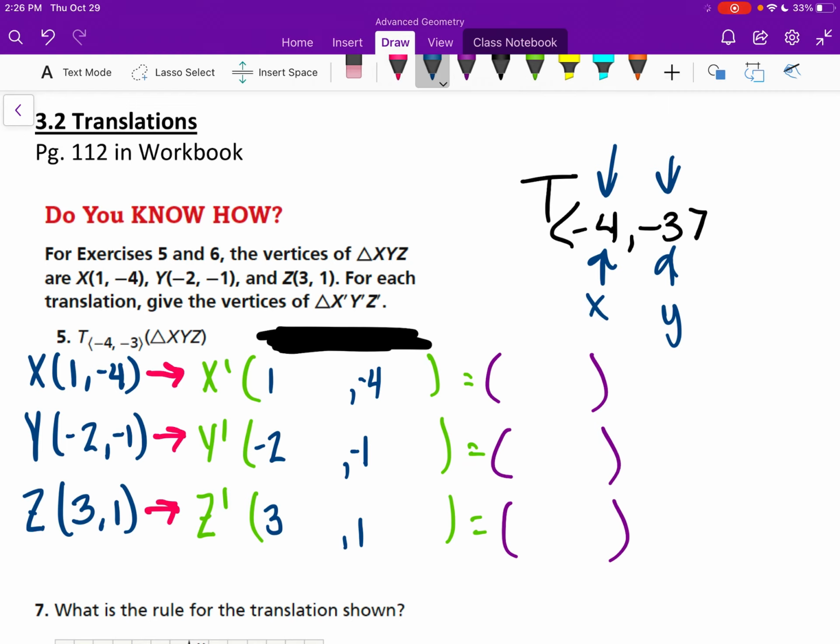Let's do that to our coordinates. We are going to subtract 4 from the x values, and we are going to subtract 3 from the y values.